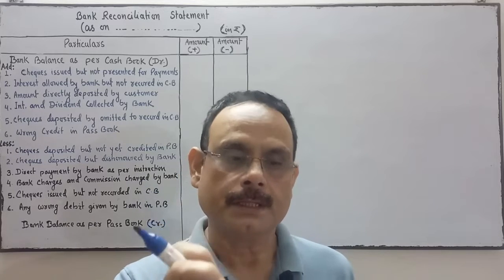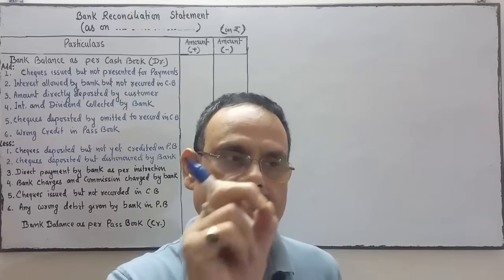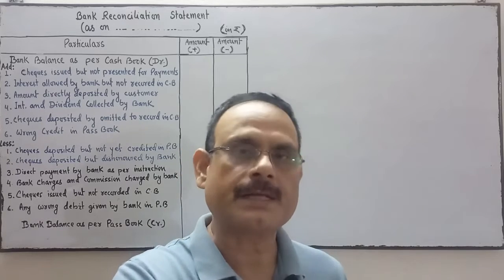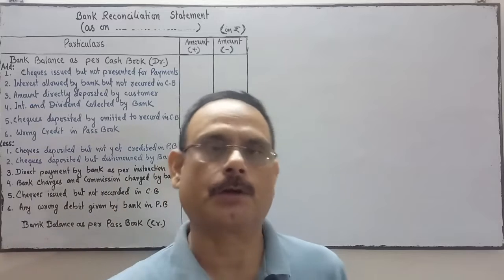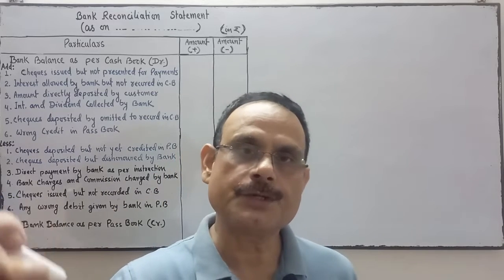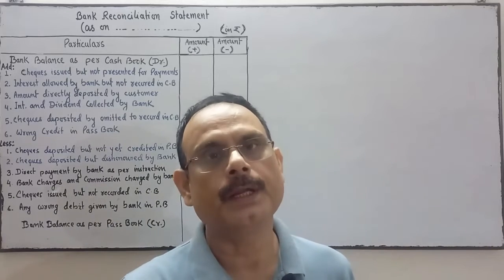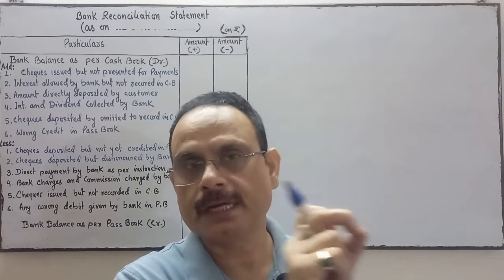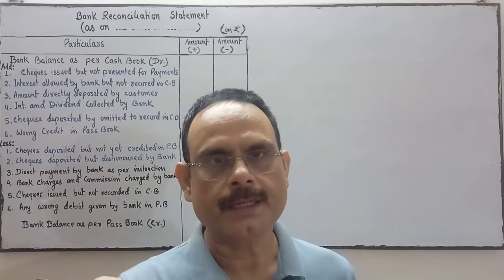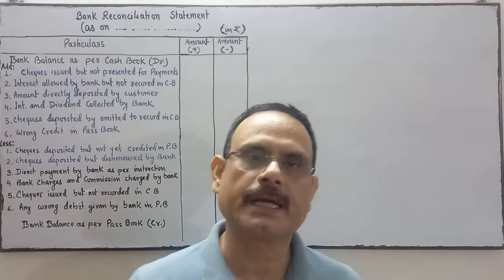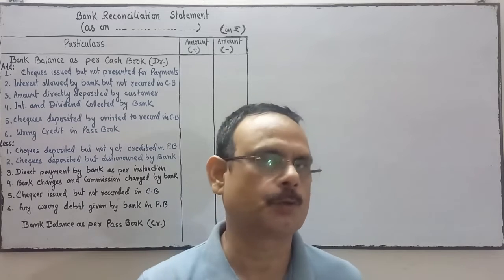On this date, we check whether the transaction recorded in the cash book is recorded in the passbook, or the transaction recorded in the passbook is recorded in the cash book. We do the comparison, we do the tally, and then find out the causes responsible for the difference between the cash book balance and passbook balance.